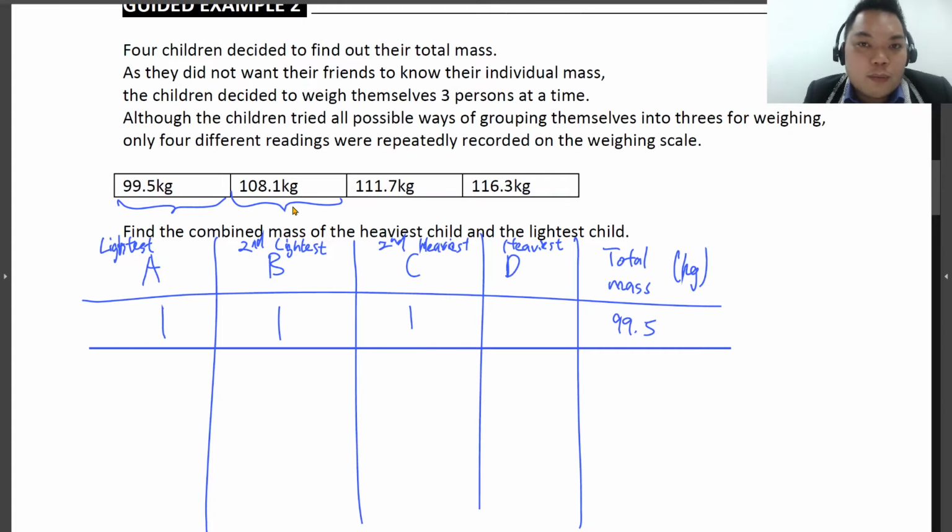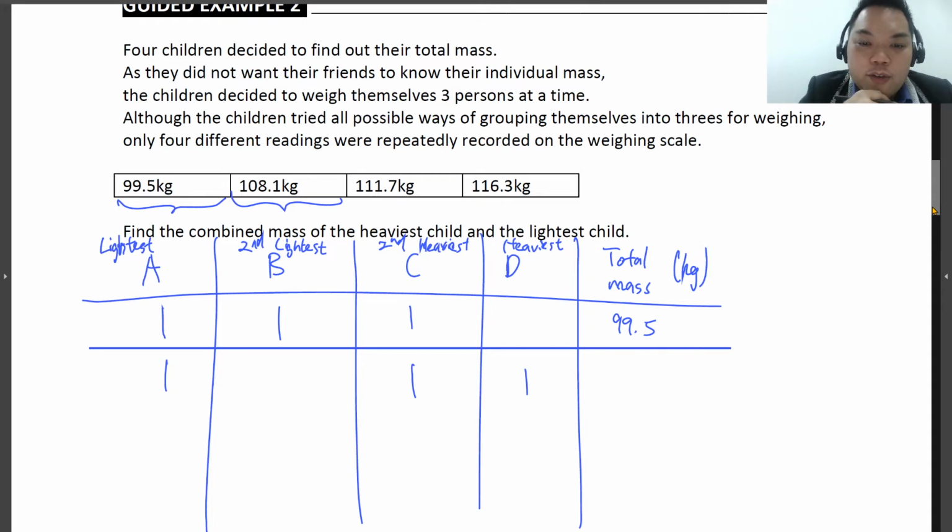Who do you think you can combine them with? B, C, and D. Now this one should be 1, 1, and 1.